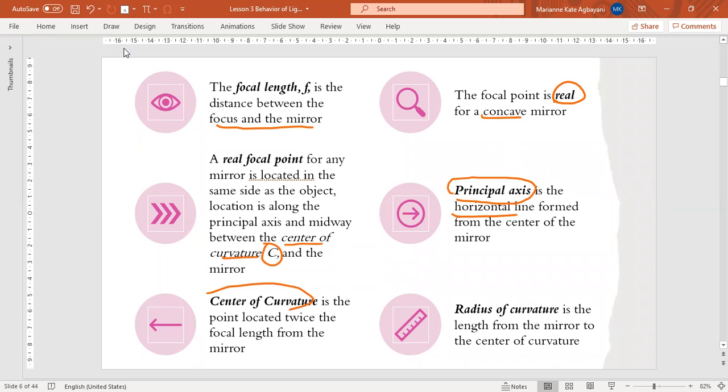And we have our center of curvature, the point located twice the focal length from the mirror. And the radius of curvature, denoted by R, is the length from the mirror to the center of curvature. Take note of that.